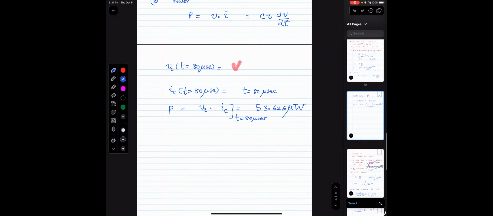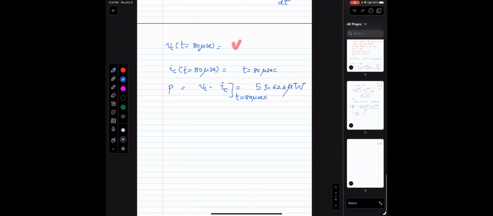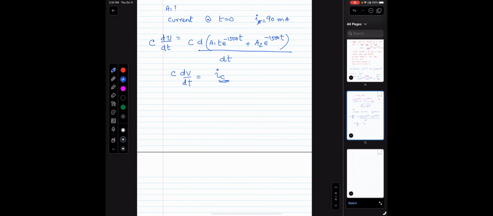So based on the initial conditions given, I should be able to plug in a value of 90 milliamperes here, and then take a derivative of A1 t e to the negative 1500 t plus A2 e to the negative 1500 t by dt, and equate that to 90 milliamperes. Then plug in a value of t equals 0 once you take the derivative.